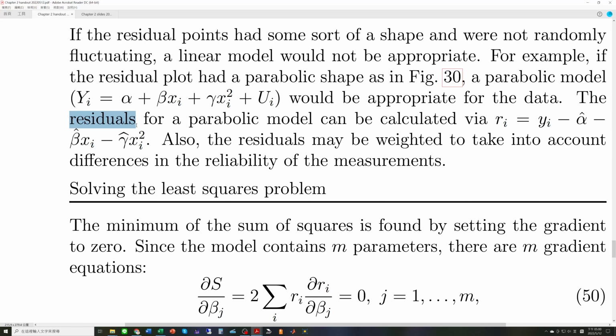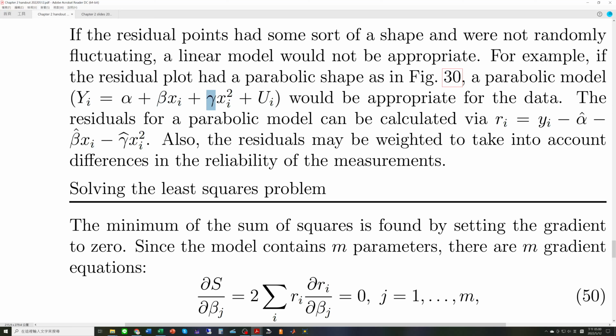The residuals for a parabolic model can be calculated via Ri is equal to Yi minus alpha hat minus beta hat times xi minus gamma hat times xi squared, where alpha hat, beta hat, and gamma hat are estimated parameters of alpha, beta, and gamma, respectively.